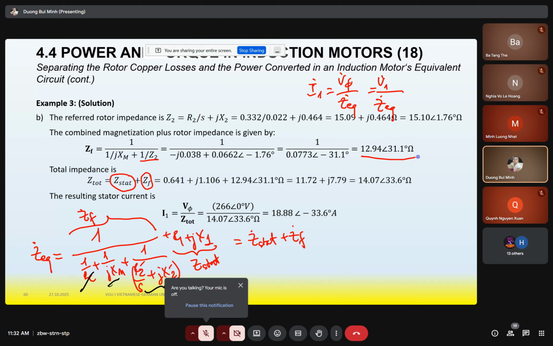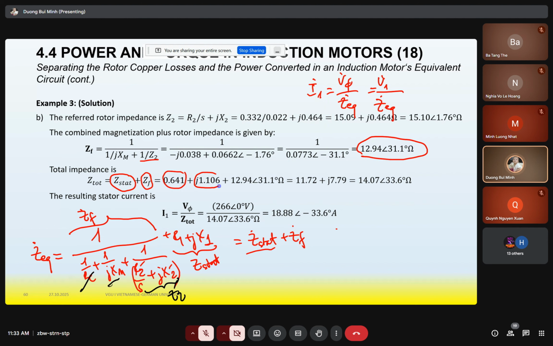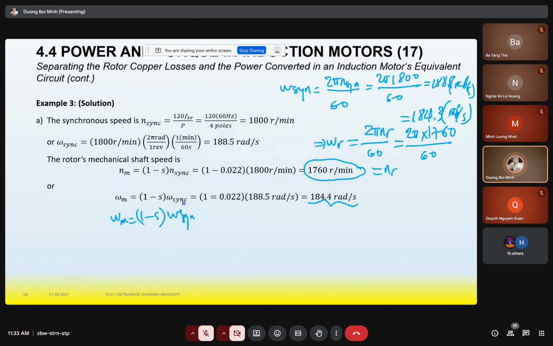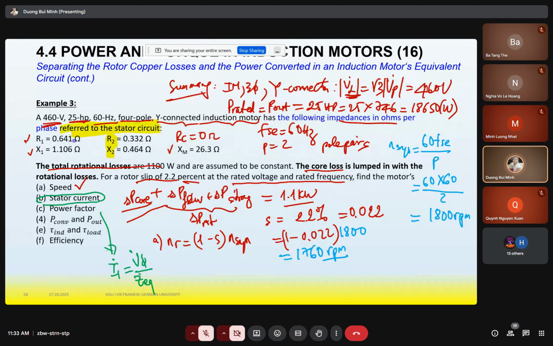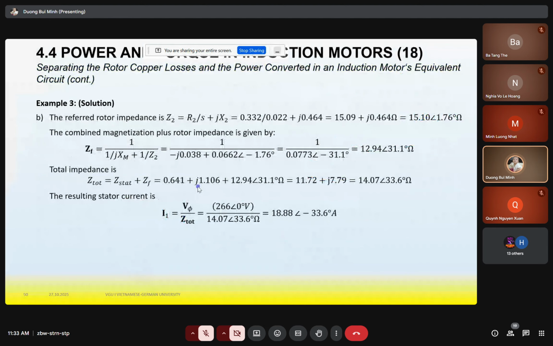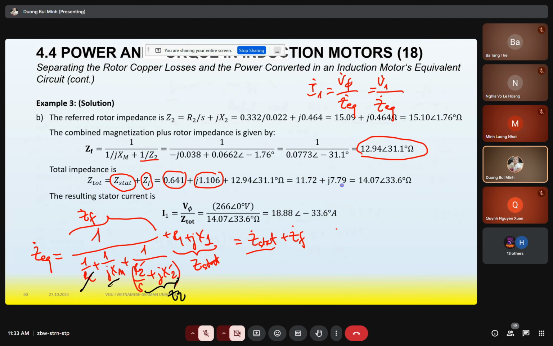ZF and Z stator: this is R1 plus jX1, where R1 is 0.641 and X1 is 1.106, plus ZF.